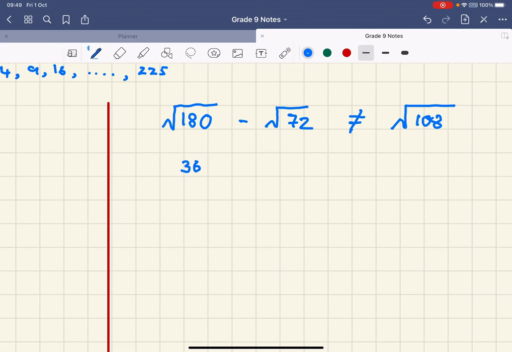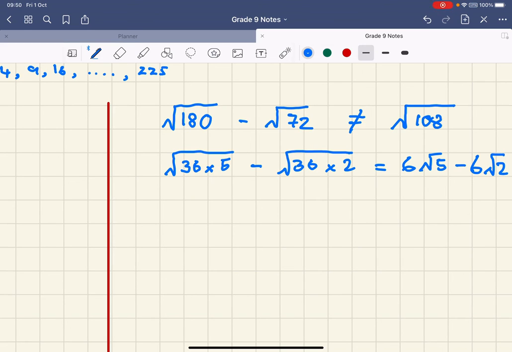So I can do this as 36 times 5. And then I can take away, well, 36 also goes into 72, so I can do 36 times 2. So here we can have this rewritten as 6 root 5 minus 6 root 2. Now we've got a root 5 and a root 2. We can't do anything with that.